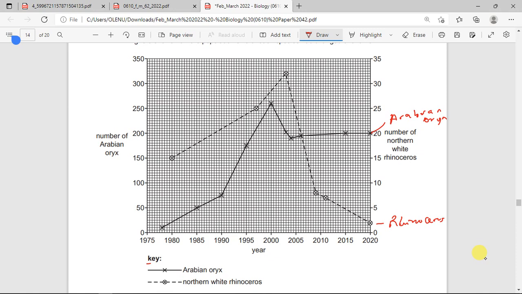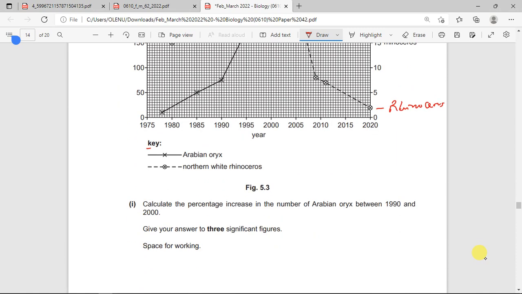Now, what is our first question? They say calculate the percentage increase in the number of Arabian oryx between 1990 and 2000.